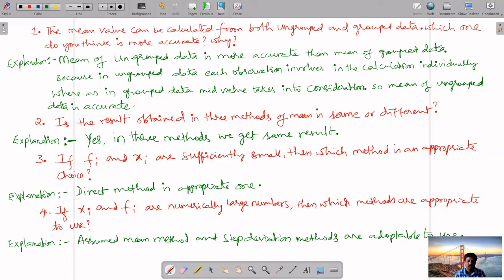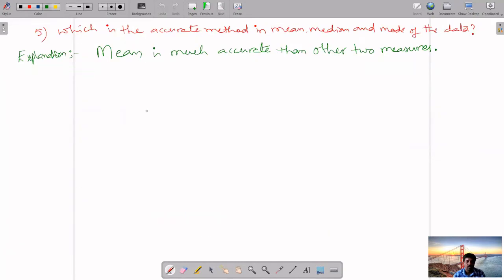Now the next question is: which is the most accurate measure, mean, median or mode of the data? Among these three measures of central tendency, the mean is the accurate measure compared to the other two measures.